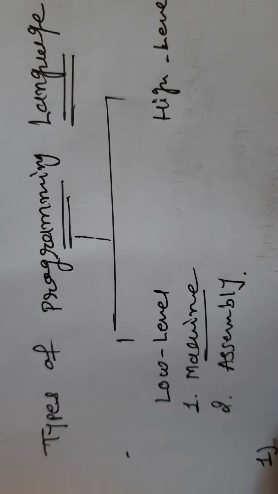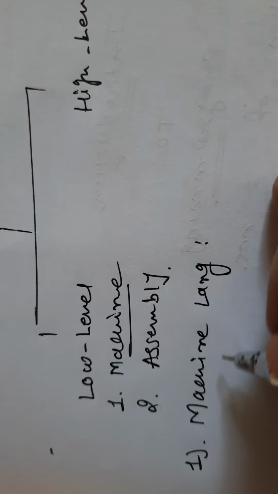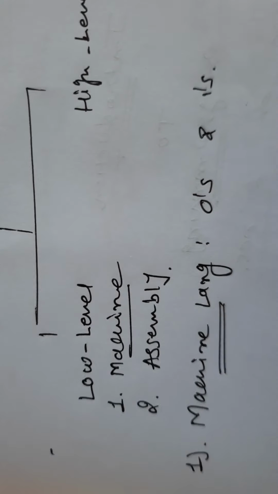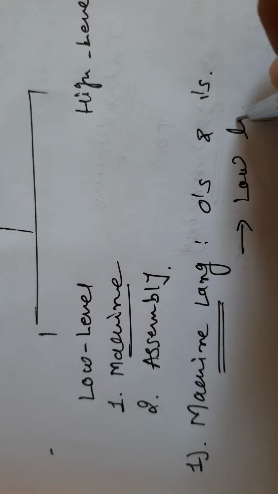Let us understand first what is machine language. Machine language only contains zeros and ones. This is called low level language. Why?